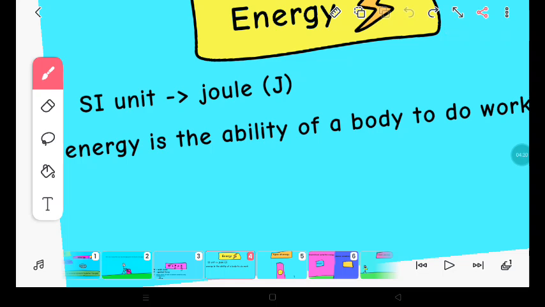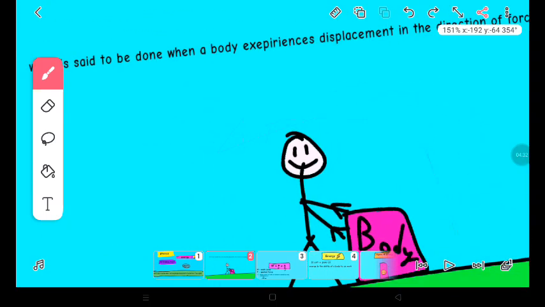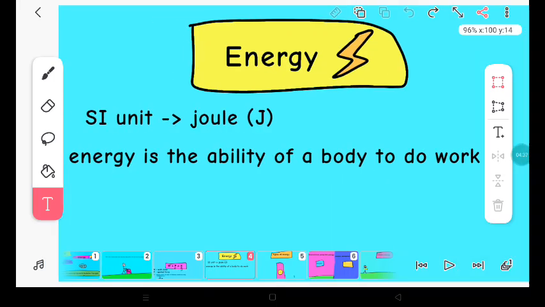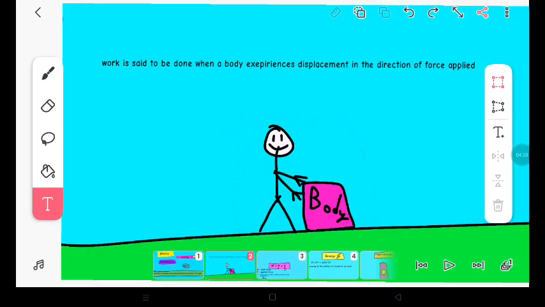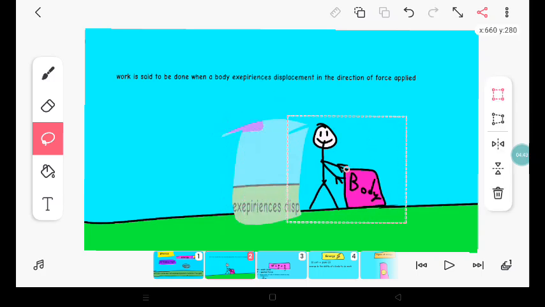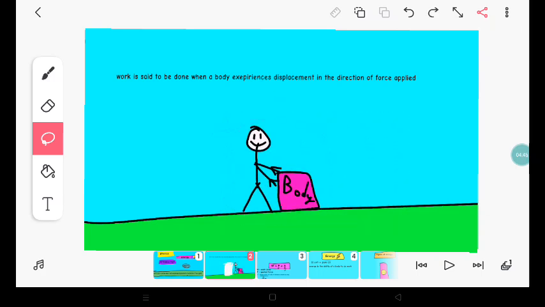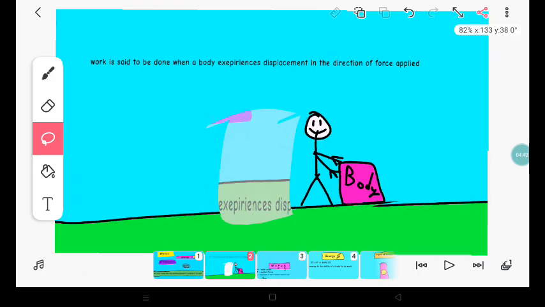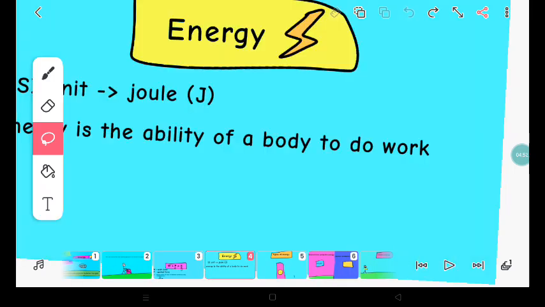This stickman is also a body according to physics, and this stickman has the ability to do work. So that is energy explained for you, I guess.